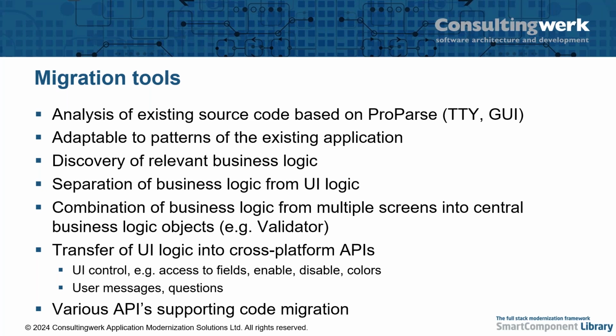It knows what a keyword is, what a database table is, what a variable is, etc., and presents that to us in a structured fashion in a tree, an abstract syntax tree. And once this analysis is done, it's just much easier to get an understanding of the existing source code than if we were doing that straight from the source code.